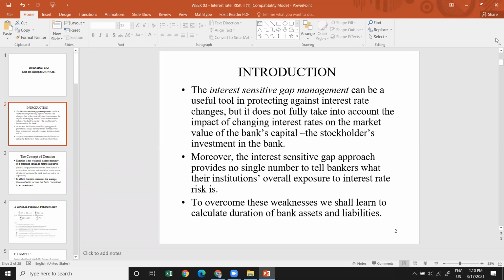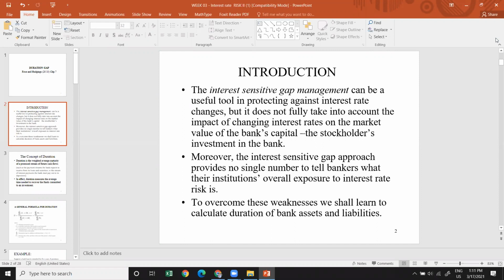In addition, the interest rate sensitivity gap approach does not provide a single number that will tell bankers their institution's overall exposure to interest rate risk. So there are some pitfalls that we understood using sensitivity gap management.